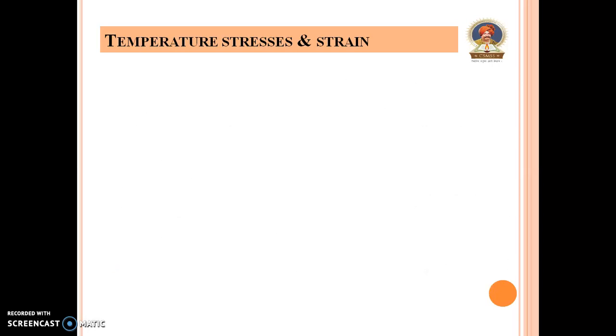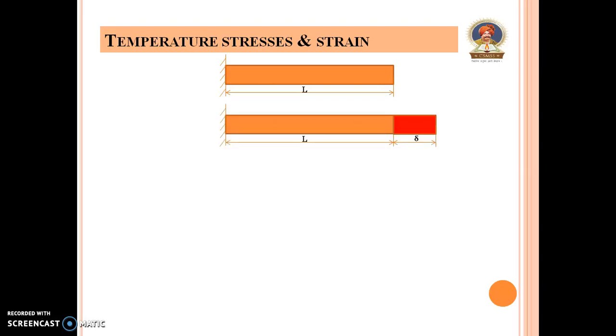Now, we are going to consider a body having uniform cross-sectional area and length L, heated up to T degrees Celsius. The length of the body will increase depending upon its coefficient of linear expansion alpha. This delta L depends upon alpha, the coefficient of linear expansion.